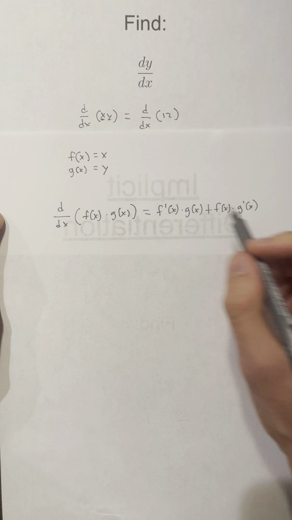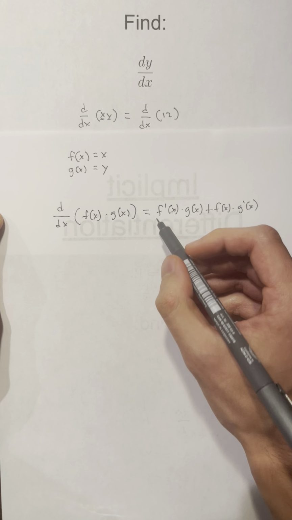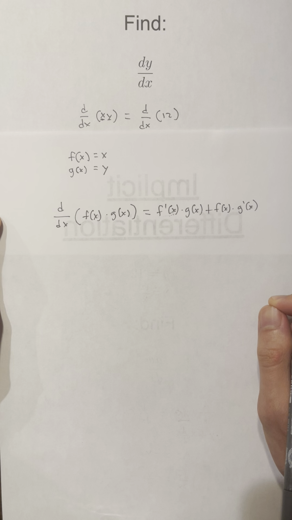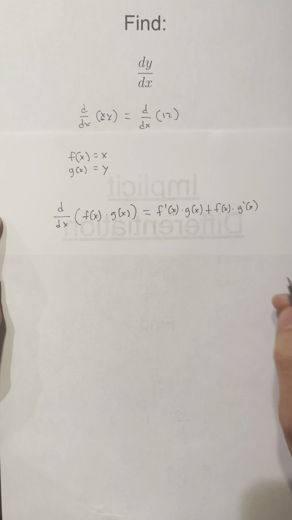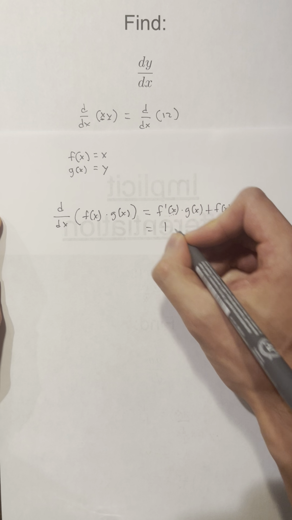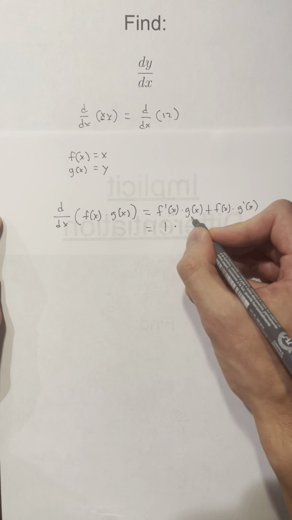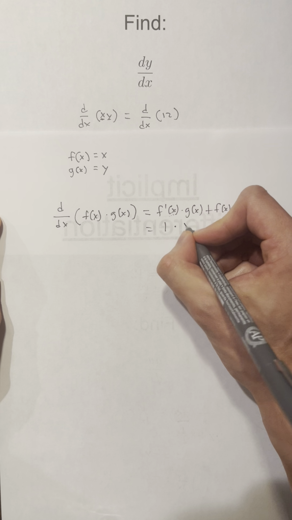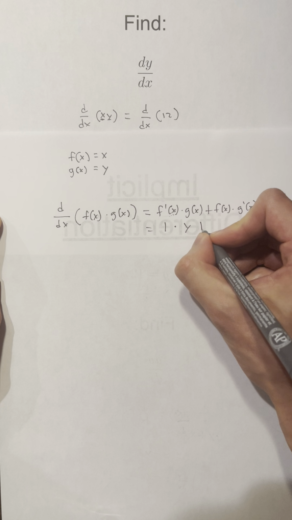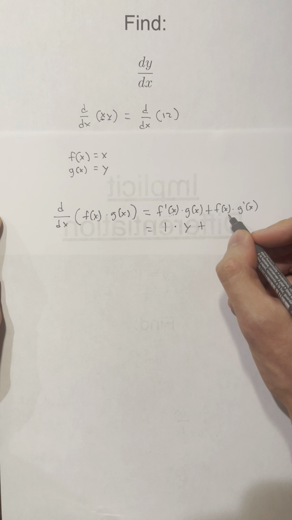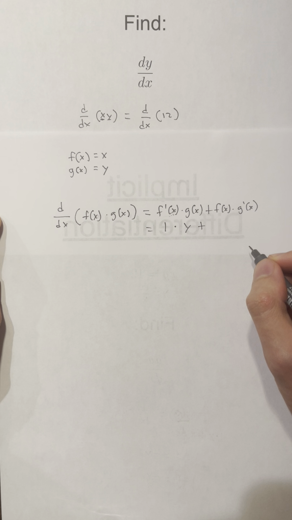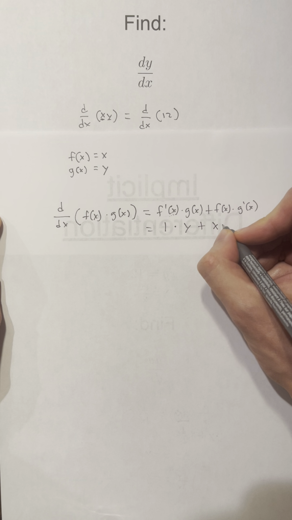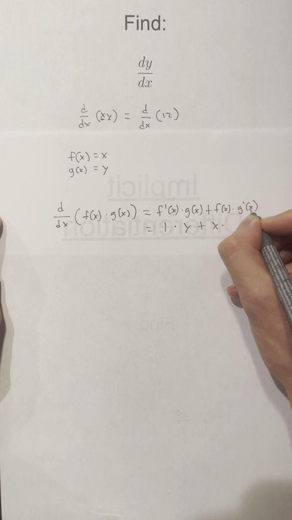Okay, well, if f of x is equal to x, what's f prime of x going to be equal to? It's going to be equal to 1, and then 1 times how much? 1 times y, okay, and then plus f of x, which is how much? x, and then times g prime of x.